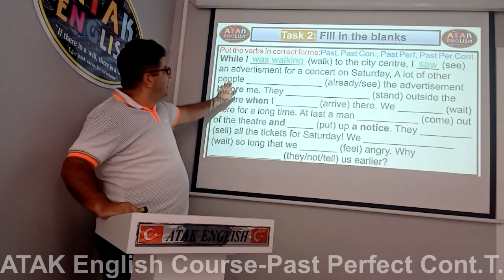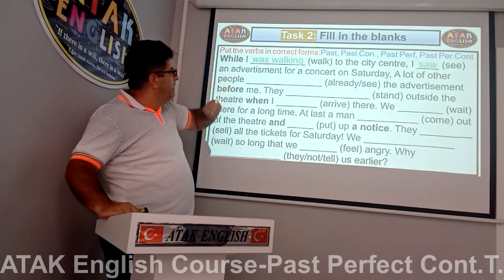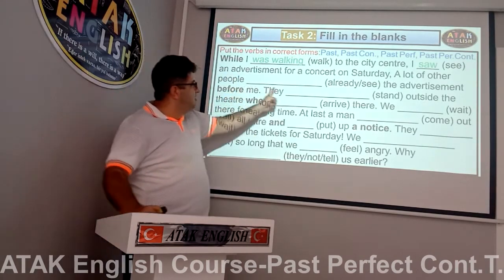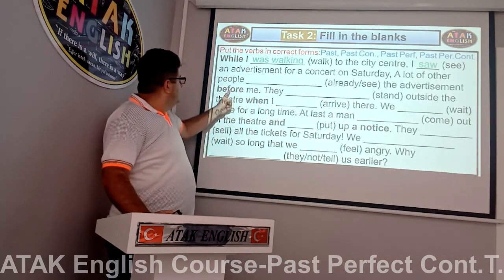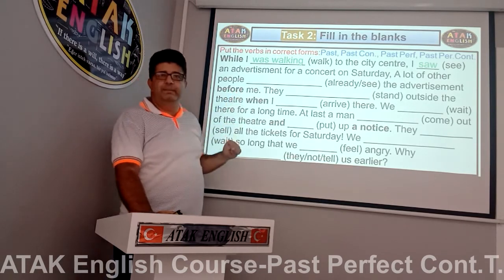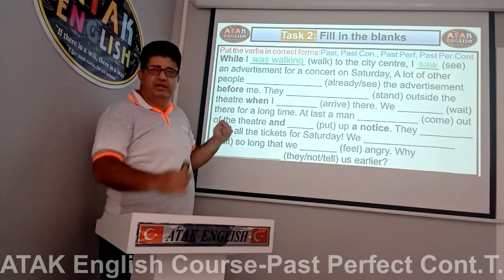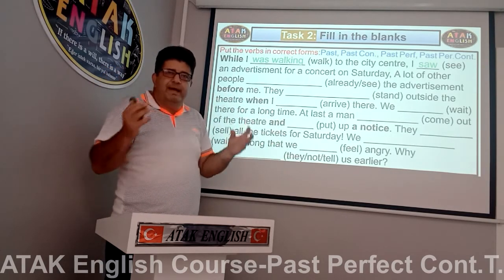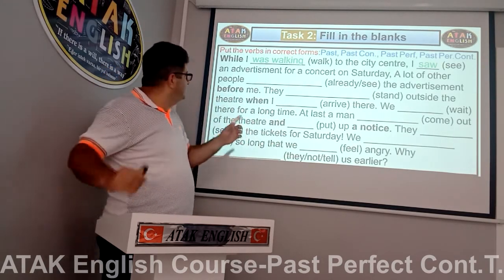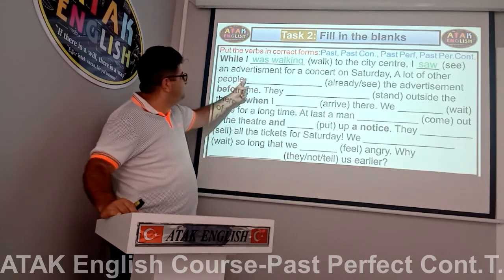A lot of other people, it's going on, and before me. What does "before" tell me? In a combined sentence, in 2 sentences combined, it tells me which action is before, which action is after.